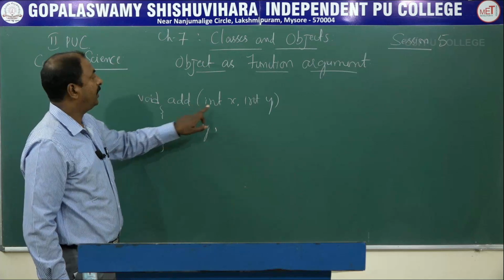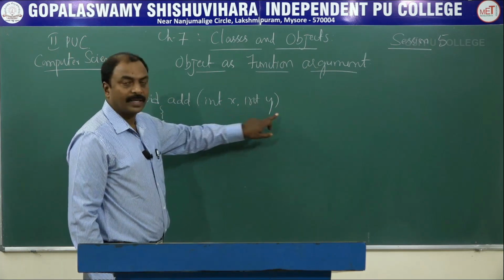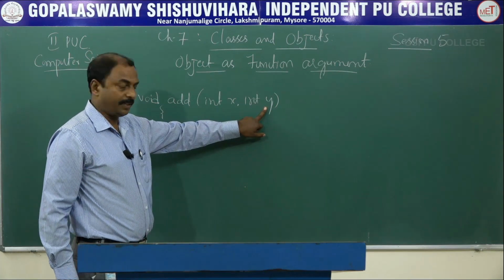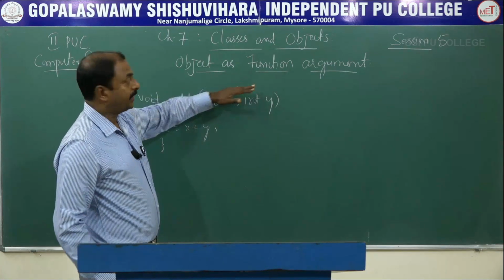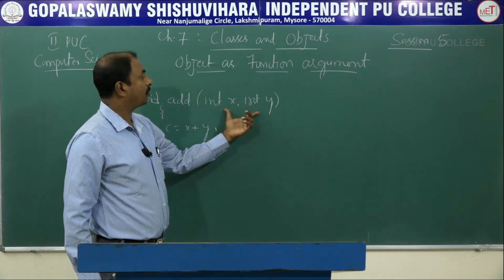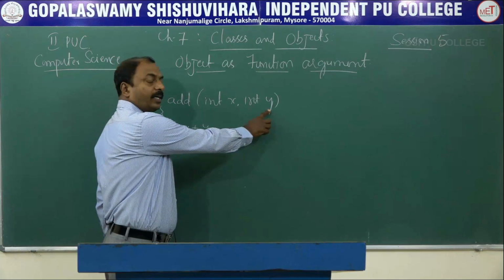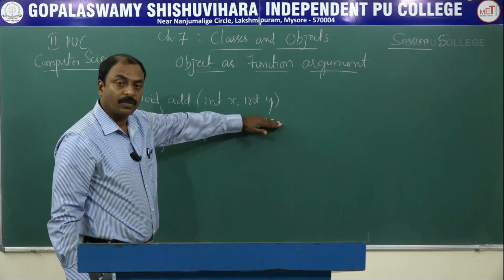This function has parameters: there are two parameters of data type int, x and y. This is called an argument of a function. In this example, these two are variables. This is not an object of a class.